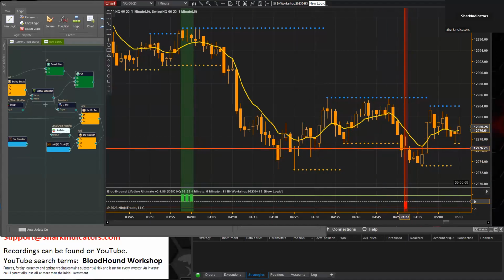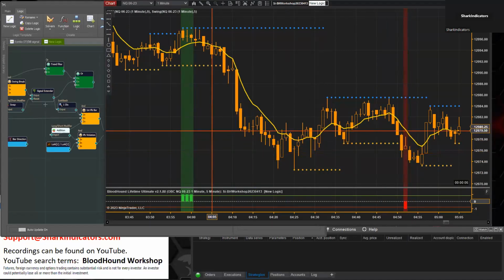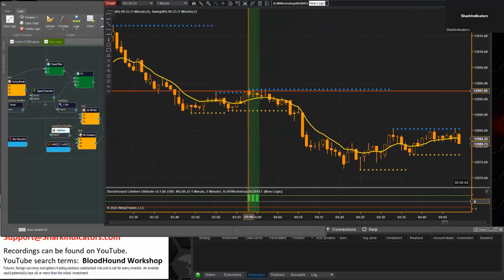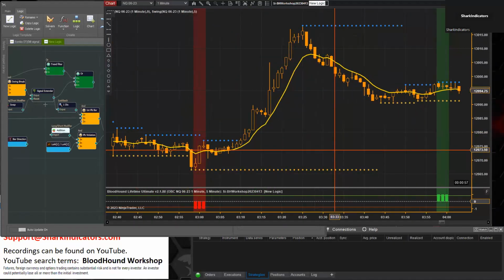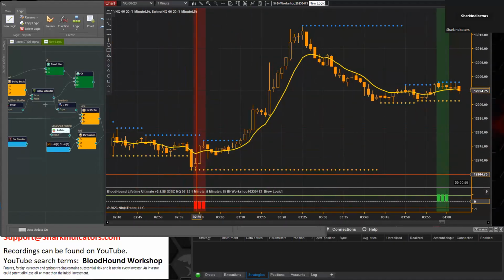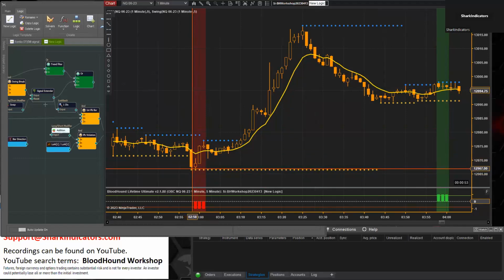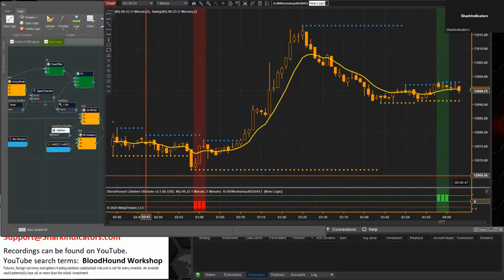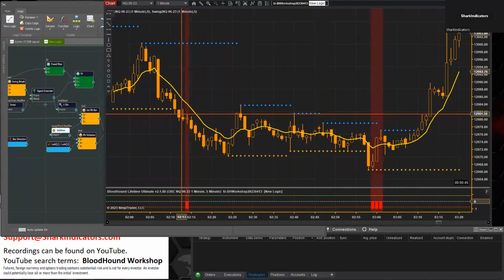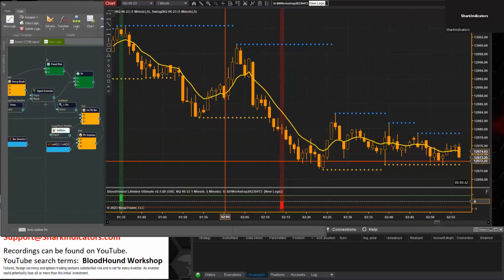All right, break, and we get a pullback, and then we get a violation. Okay, good. So here we go, some pullback bars, and then we get a violation. All right, we get a swing break, pullback, pullback, pullback, and then a violation. Yeah, here we go.